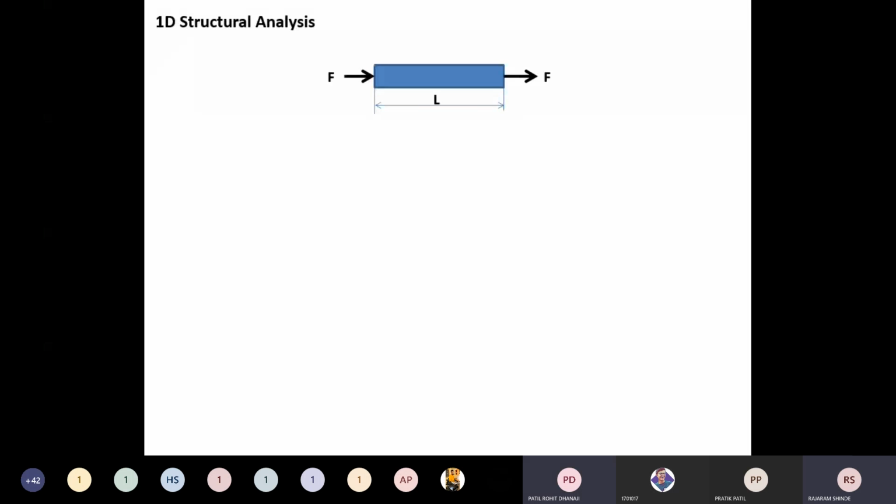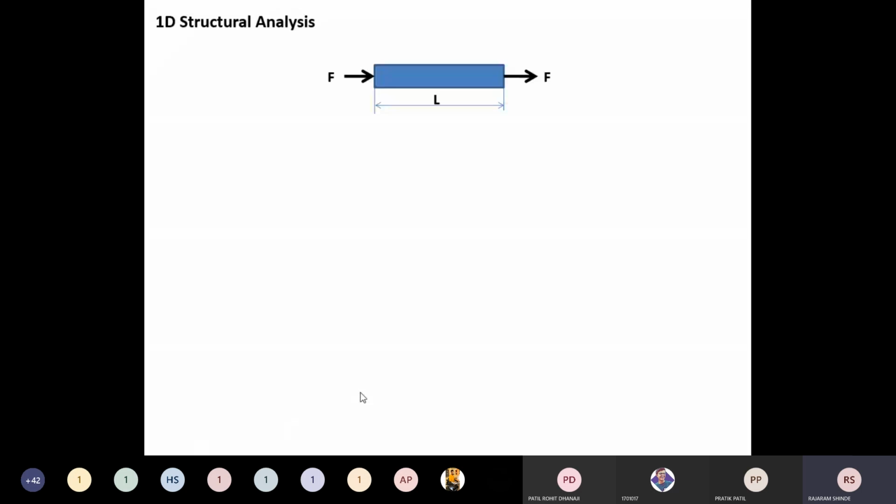If all three dimensions are bigger, then you have to go for three-dimensional elements. For example, if we consider the CPU or the piston, all three dimensions of the piston are comparable. In this situation, you have to go for three-dimensional elements. Have you got it? When do we go for one-dimensional, two-dimensional, and three-dimensional elements?